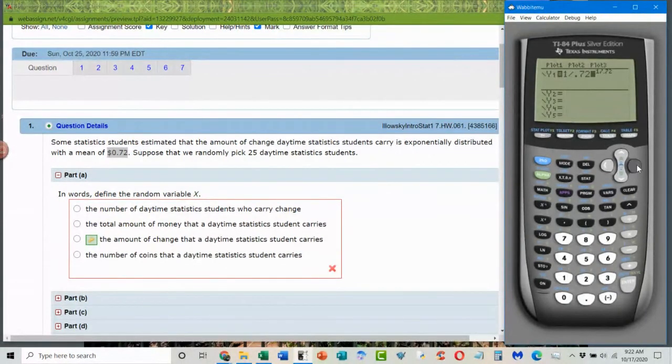And that was right in the first place. All right, let me zoom.